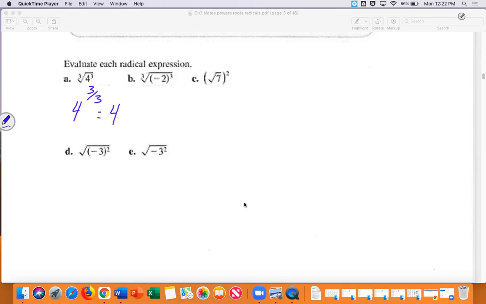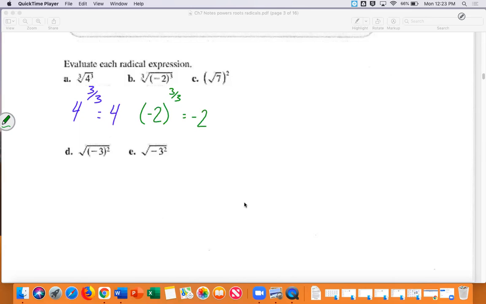Now with B, I have the 3 out there and the 3 here, and I rotate it up, and that's going to become -2 to the 3 over 3. Look at that. 3 divided by 3 is 1, so this just becomes -2. Are you guys with me so far?